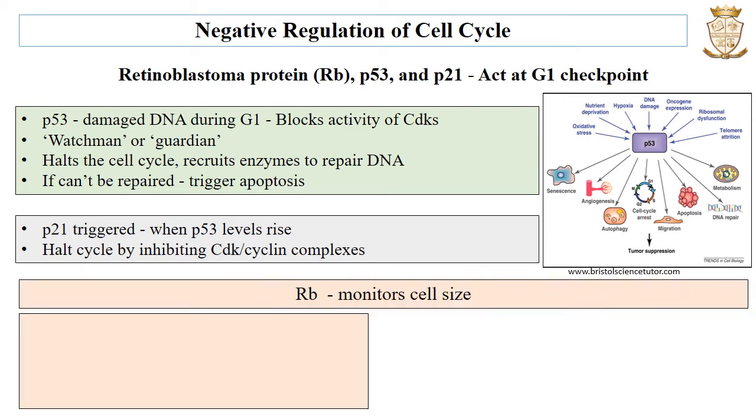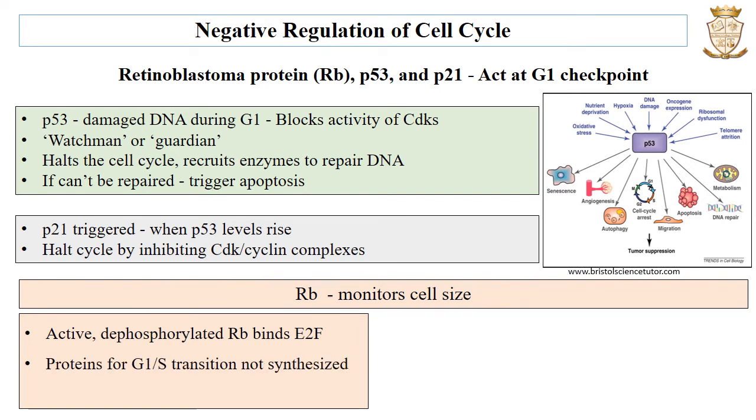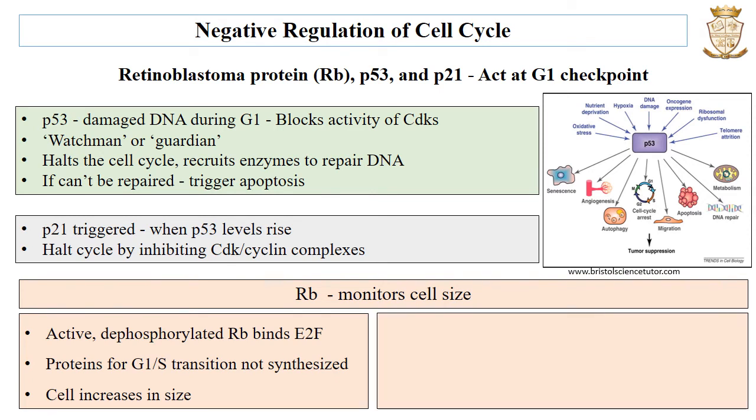Next one is retinoblastoma protein, RB. It monitors cell size. In the active, dephosphorylated state, RB binds the transcription factor E2F. When RB is bound to E2F, production of proteins necessary for the G1 to S transition is blocked. As a result, the cell will increase in size.